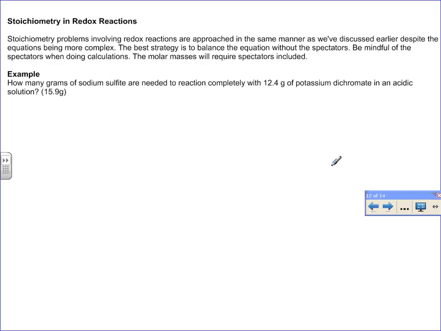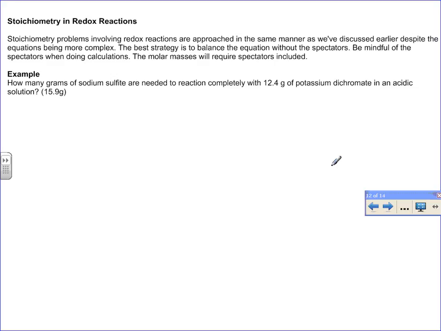So when you're doing stoichiometry with redox reactions, it is pretty much the same in terms of the ratio and stuff like that. What you do need to be mindful of is the spectator ions. So I always find it easier to balance the reactions without the spectators, so remove them. And then when you're doing the stoichiometry, you just want to be mindful of the spectators because the molar masses that you use will need the spectators.